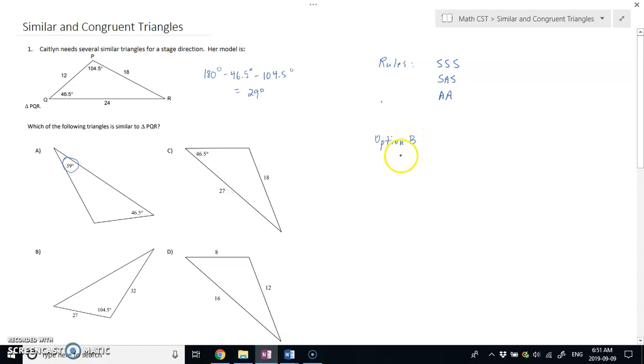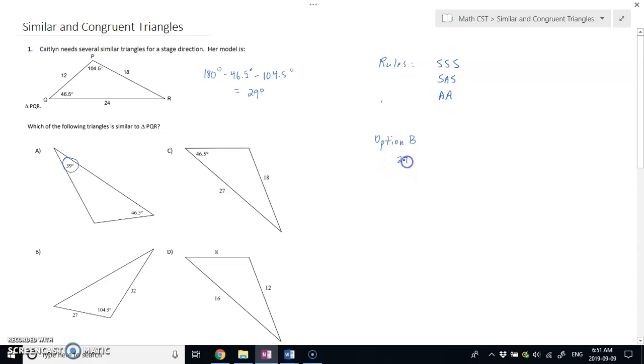What we're going to do in this case is we're going to check to see if the sides enclosing the 104.5 are proportional to the ones in the given triangle. So notice the shorter of the 2 sides is 27, and the shorter of the 2 sides up top enclosing the 104.5 is 12, because you can see we have 12, 104.5, and 18.